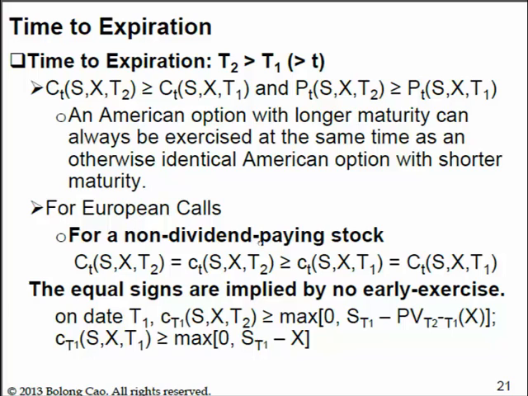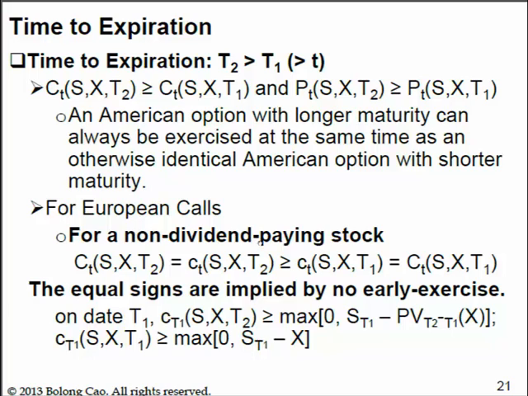Because you can always exercise your longer maturity American option on the earlier date, on T1. Let's say T2 is 1 year later, T1 is 6 months later. You can always exercise your American option 6 months later, on that expiration date. Then naturally, for American options, if it has a longer life, it has higher value.